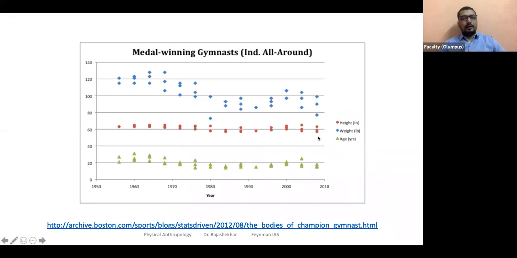But overall body dimensions have more or less stayed common for almost half a century, whereas the weight component is optimized. They are utilizing this type of science to win in sports like this.